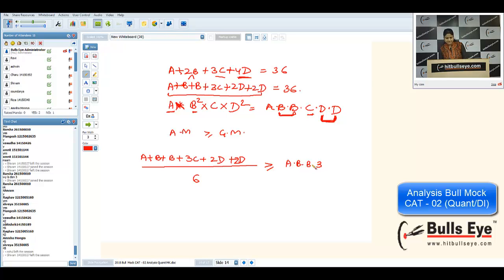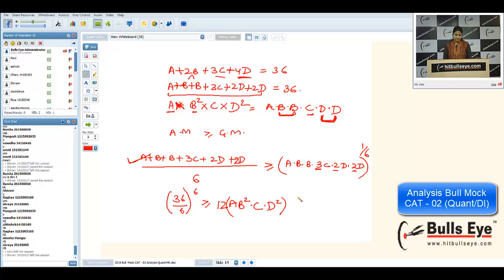Product of all these raised to power 1 by 6. Now we know the value of this, that is 36 by 6 greater than or equal to, I'm taking raised to power 6. So we are left with a into b square into c into d square, and this 3 to the power 2, 12 is into multiplication. Now you can solve it, you will get the maximum value. Is it okay with you?